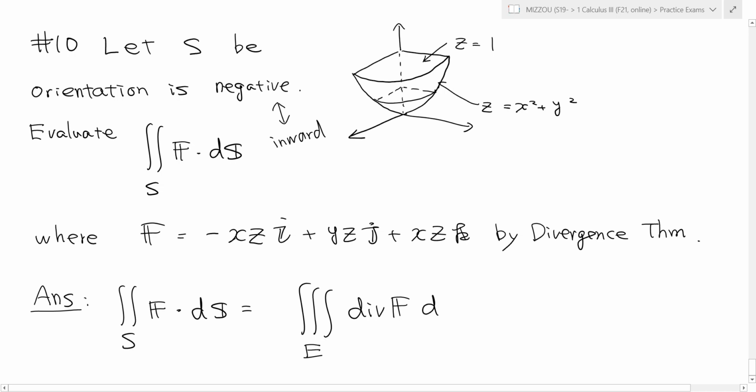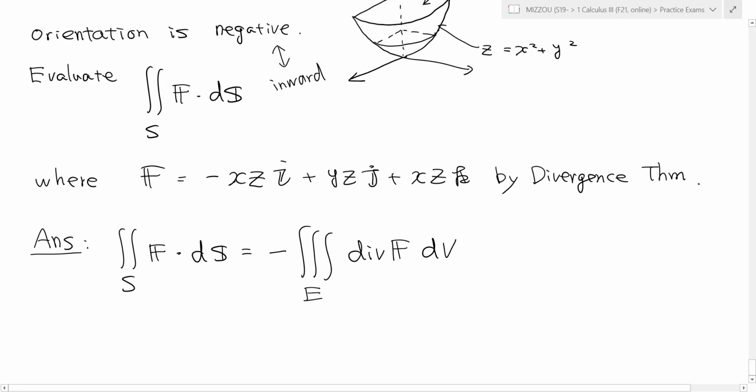But since the orientation is negative, you have to put the negative sign. That's the divergence theorem. If it's positive, you put a positive sign.